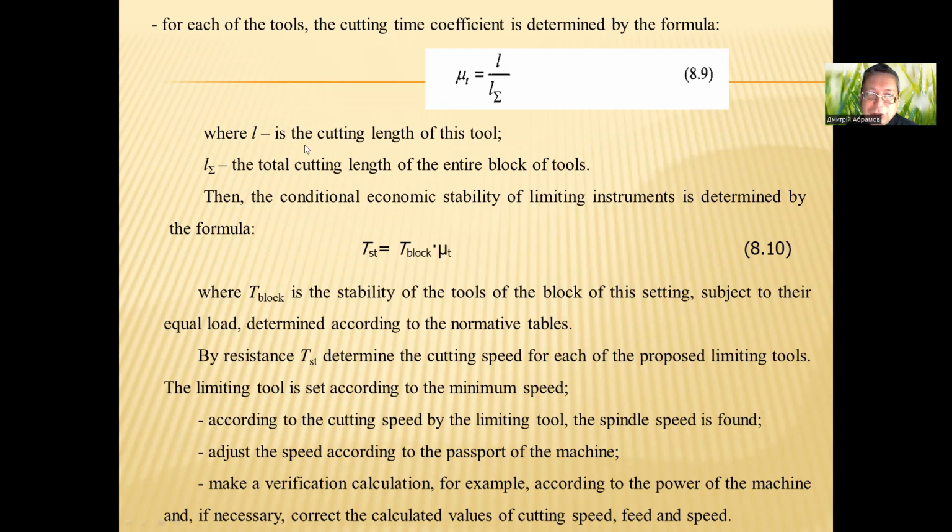Then the conditional economic stability of limiting instruments is determined by the formula 8.10. T_st is equal to T_block multiplied by μ_t. In this formula, T_block is the stability of the tools of the block, of the setting, subject to their equal loads, determined according to the normative tables.